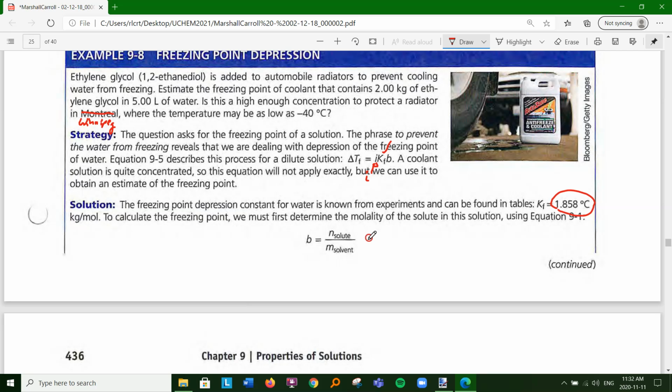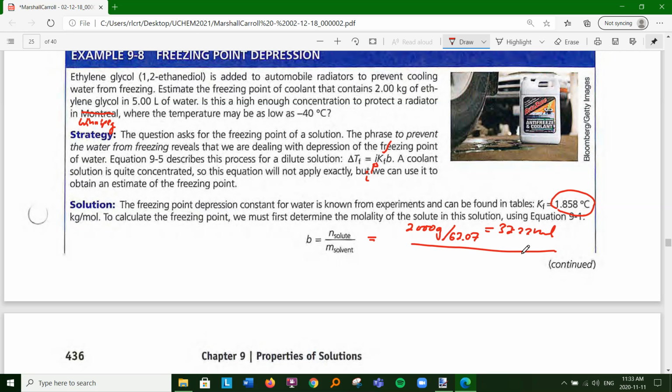So the moles of solute, well, it's 2,000 grams over the molar mass of ethylene glycol, which is 62.07. And you're going to get 32.22 moles. Okay, so that's the top.